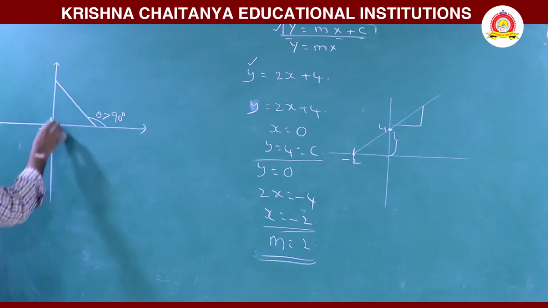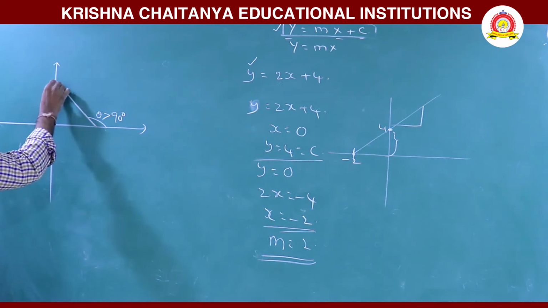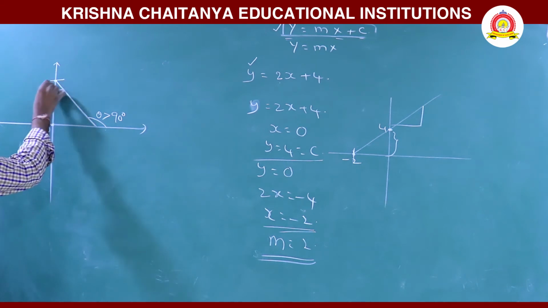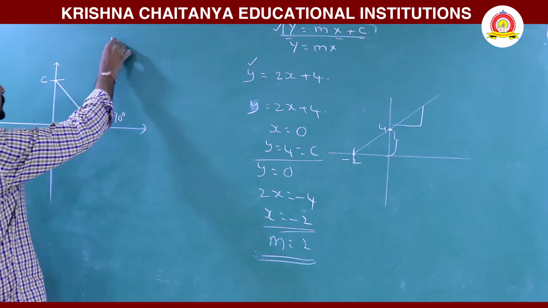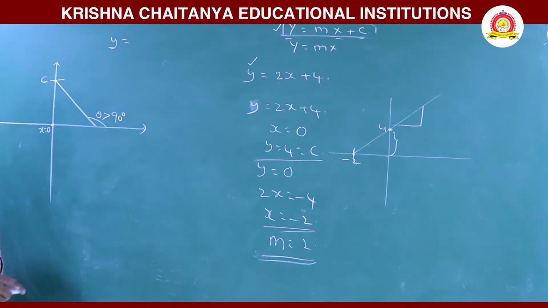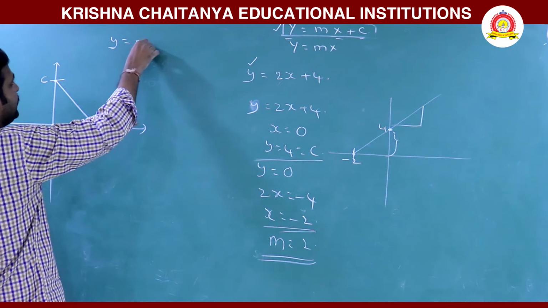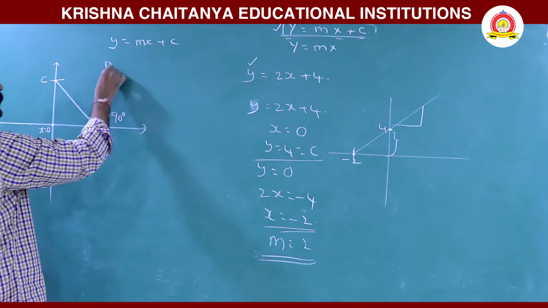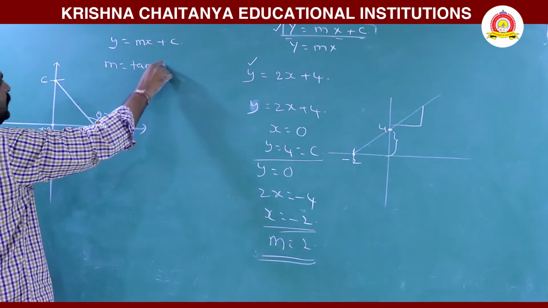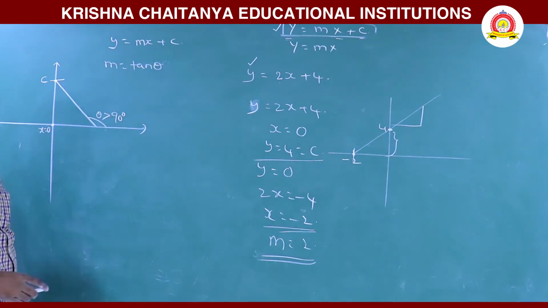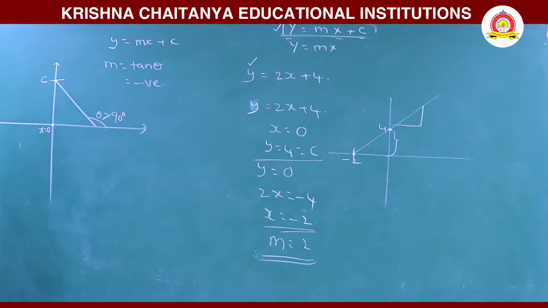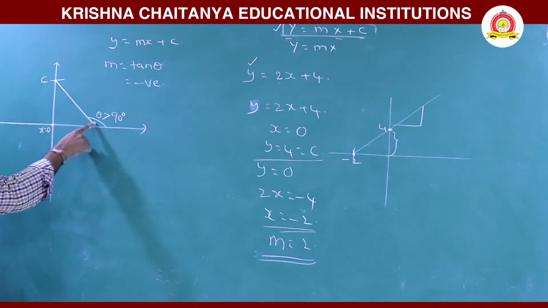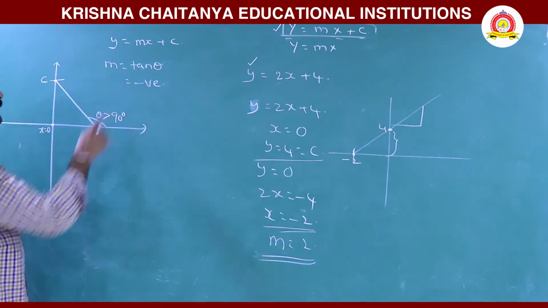And when x is 0, it has some y value. So this is the intercept c. When we write the expression, since it has a y intercept, y is equal to mx plus c, here m is tan theta, where theta is greater than 90. So the slope is negative. For graphs where theta is greater than 90, the slope will be negative.